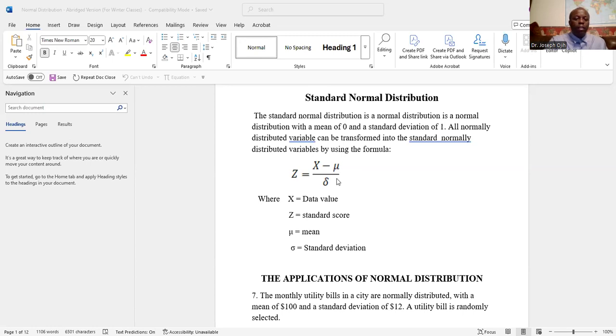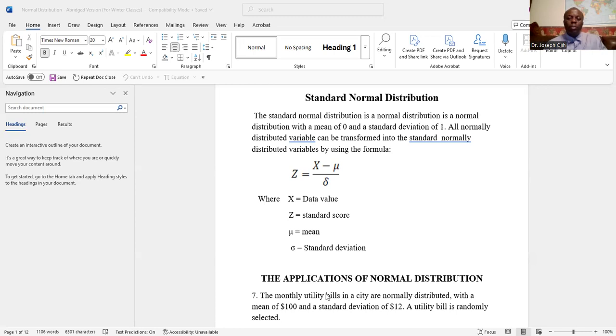So we begin today from standard normal distribution. As you can see from the screen, a standard normal distribution simply means a normal distribution that has a mean of 0 and a standard deviation of 1.